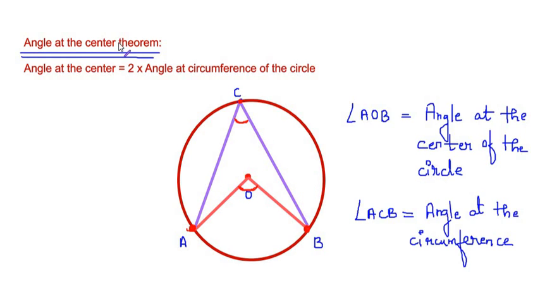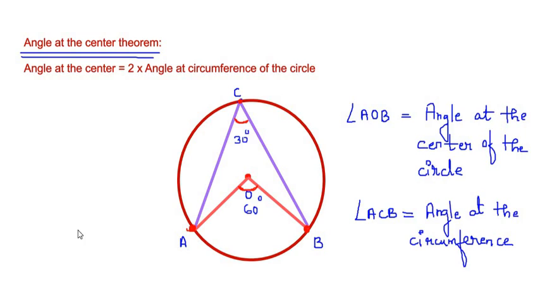The statement of this theorem is: angle at the center will always be equal to 2 times the angle at the circumference of the circle, which means if here the angle at the circumference is 30 degrees, then the angle at the center will be 2 times 30 degrees, which will be 60 degrees.